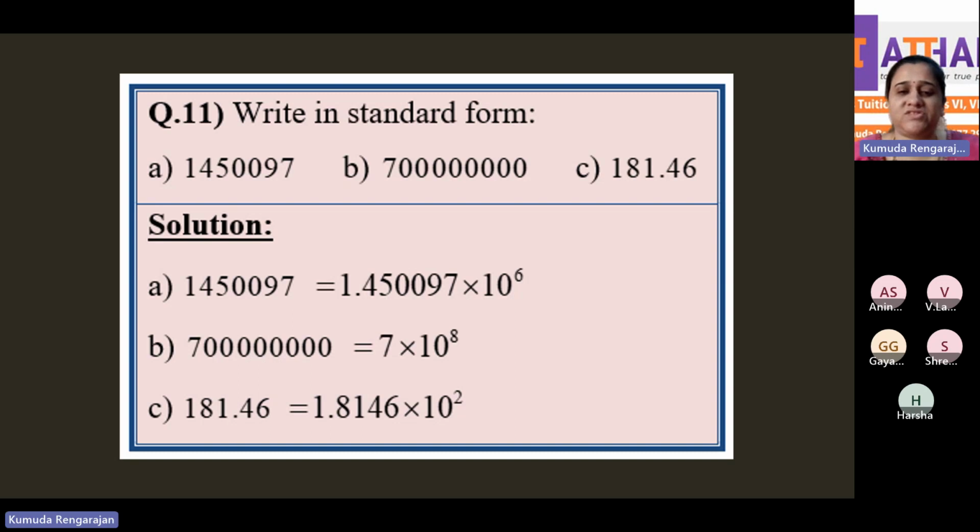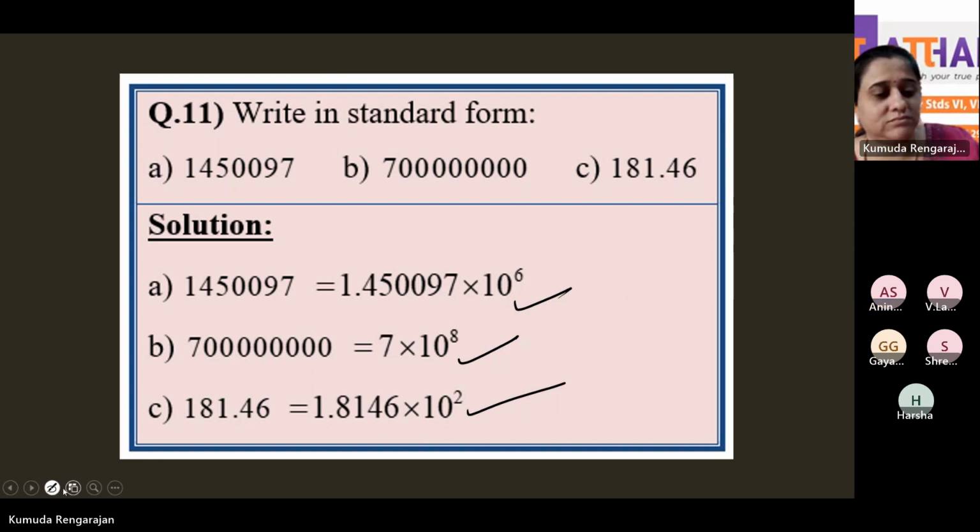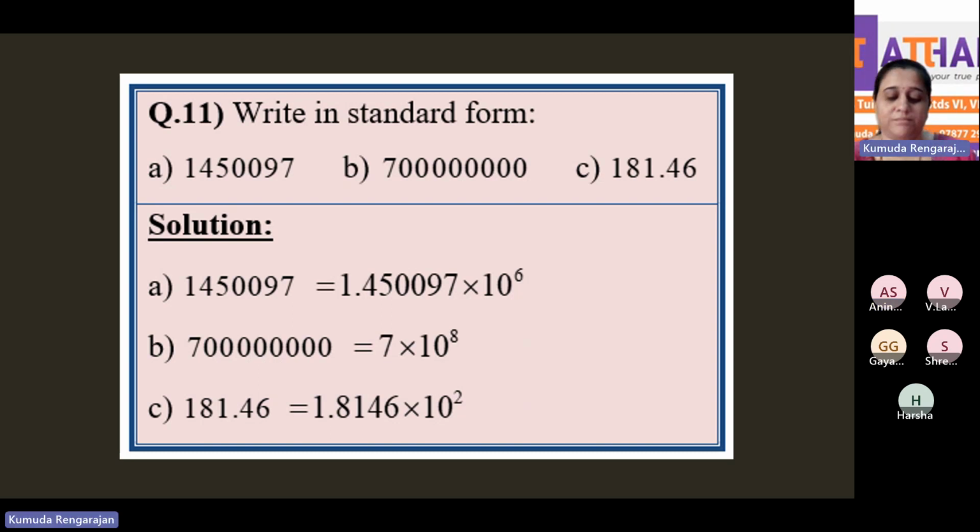Yeah, this one, please check it yourself. If you have any questions, you can ask me. Yes, ma'am, 1 second. Ma'am, for the B, I got 700 into 10 raised to the power 6. 700 is more than 10.